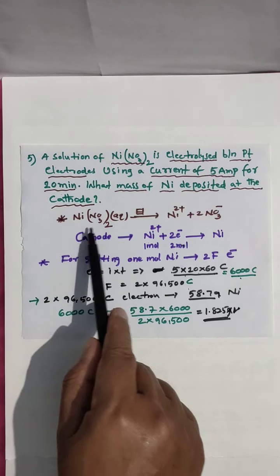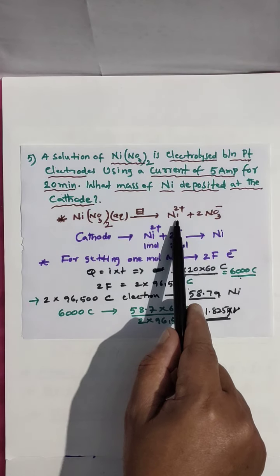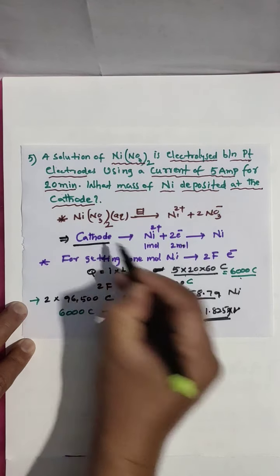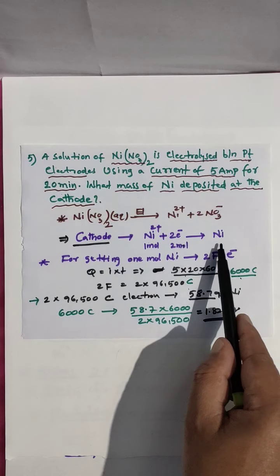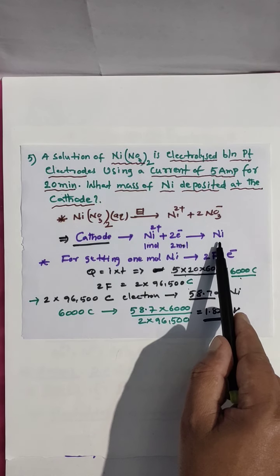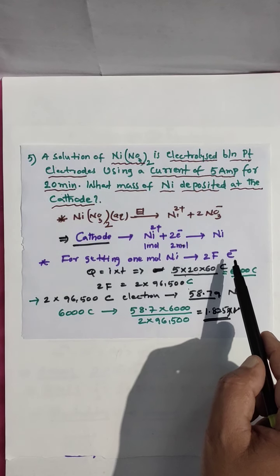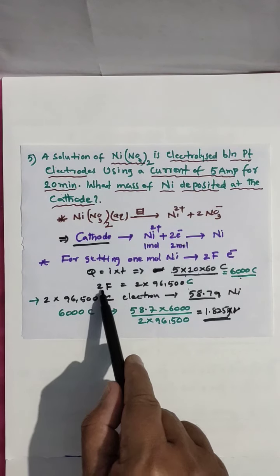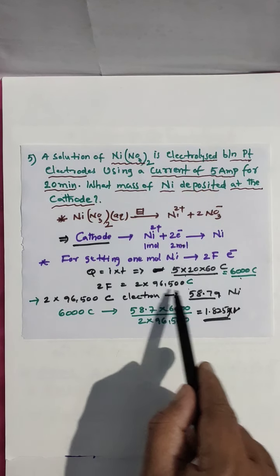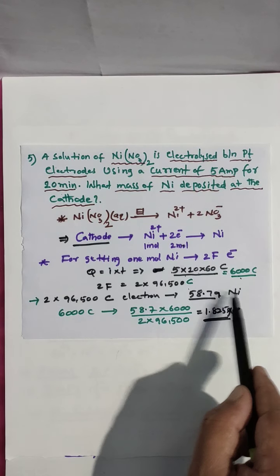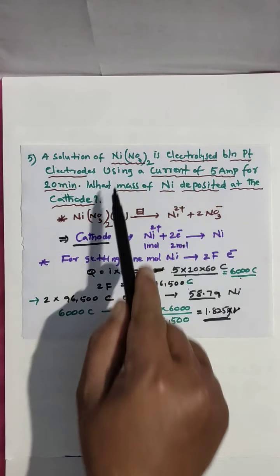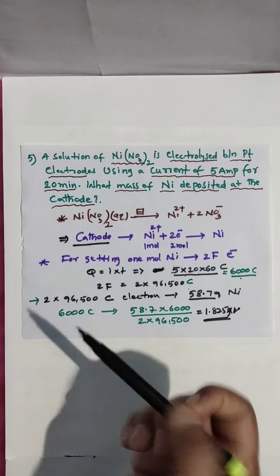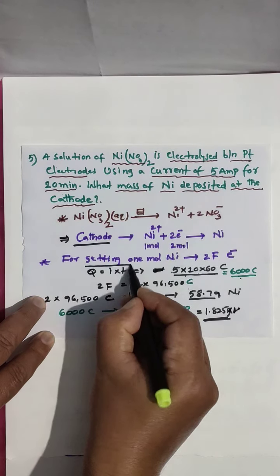One more time. Nickel nitrate is electrolyzed. We get nickel ions, which will be attracted at the cathode, and we get nickel metal. One nickel atom mass is 58.7, and that needs 2F. When you pass 2F charge, you get 58.7 grams of nickel. But according to the numerical, how much charge do you have? 6,000 coulombs, calculated from Q equals IT.